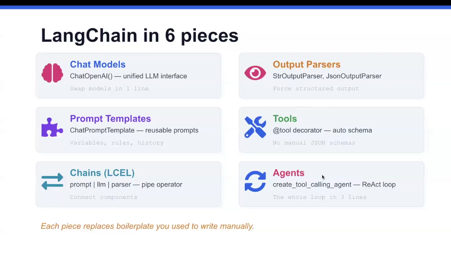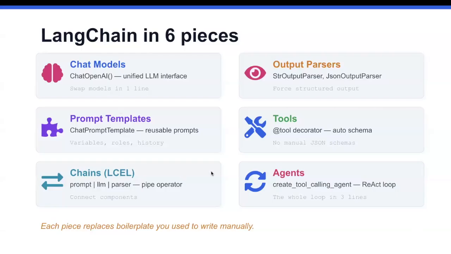And then agents, a very interesting concept. Whatever patterns you are building, reflection, ReAct, anything, you write your code based on that. But now with LangChain, we already have predefined agent tools. You just call create agent, define the pattern, and it creates the agent.